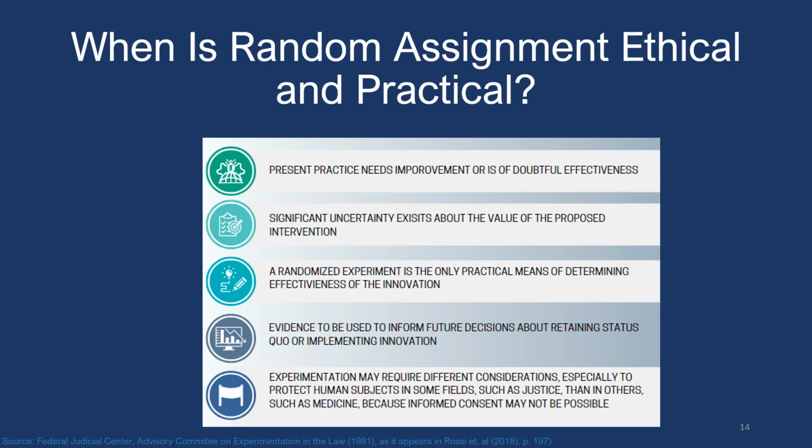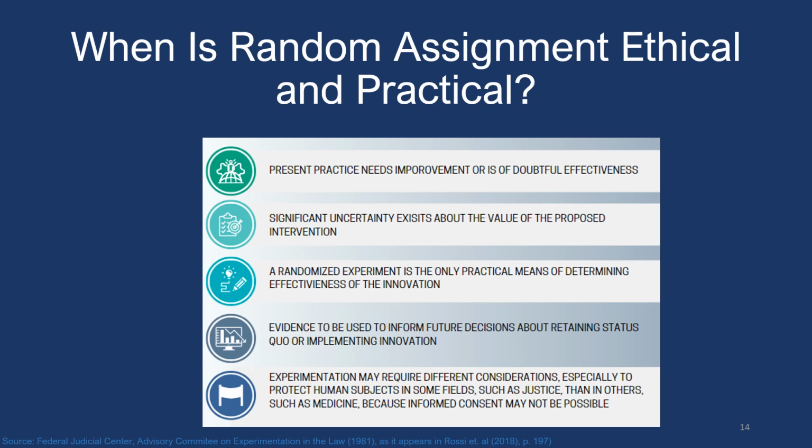So the first item is that the present practice needs improvement or is of doubtful effectiveness. So is our program already running and we know it needs to be improved and we need to assess it, or are we unsure of the results of our program? We don't know that it's doing good or potentially, unfortunately, doing harm.